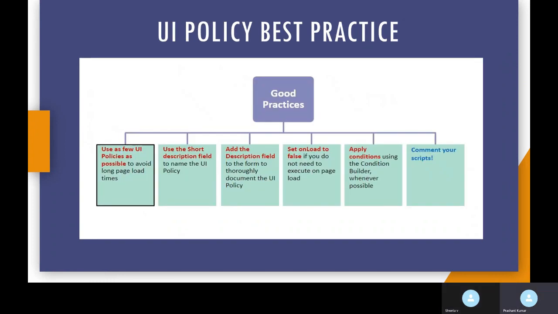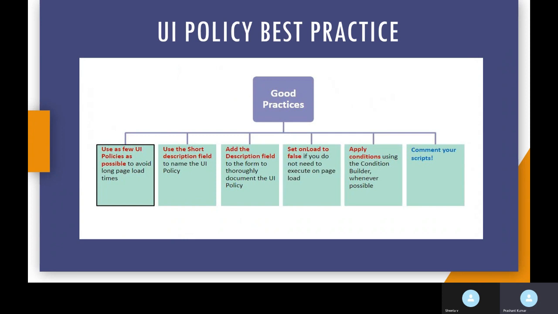And we will see the best practices of using UI policy. Here we have to use as few UI policies as we can, because there might be a case where we have written multiple UI policies for a particular field.